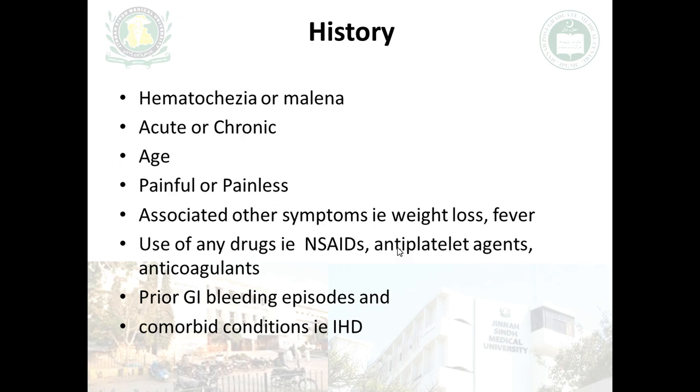So we have discussed prior GI bleeding episodes, and whether the patient has an acute or chronic condition. Comorbid conditions are very important. Ask about comorbid conditions like ischemic heart disease, diabetes, hypertension. In a person who is bleeding profusely and has ischemic heart disease, the main reason for mortality will be MI.